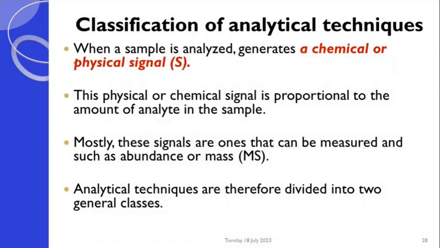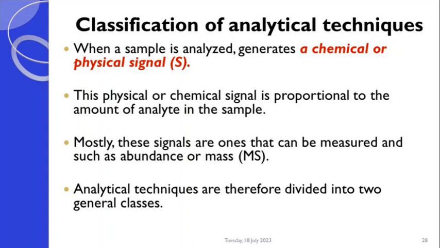Now let's look at classification of analytical techniques. Now let us consider this. When we analyze a sample, we assume that the sample would generate a signal, and such signal could be chemical or physical.